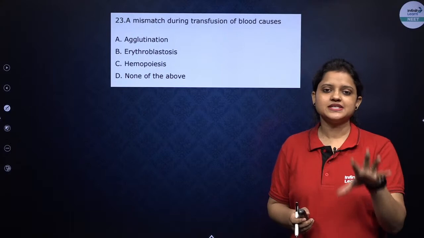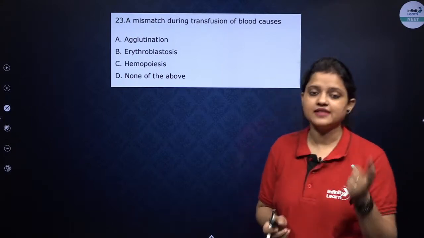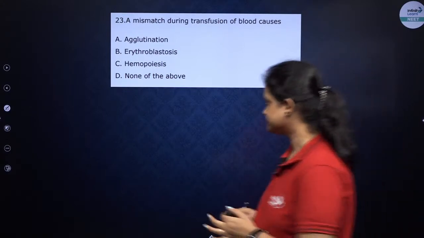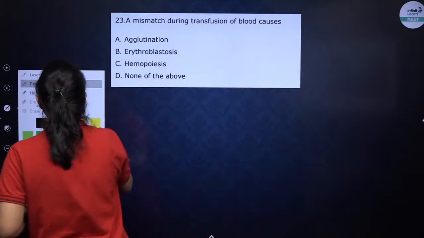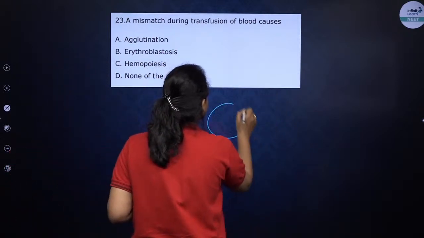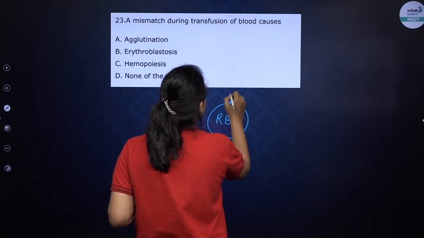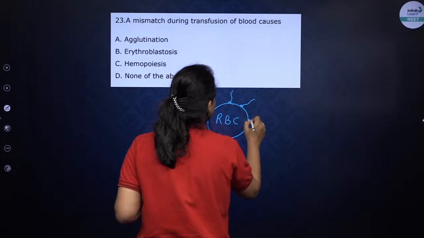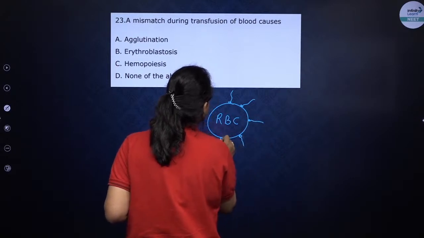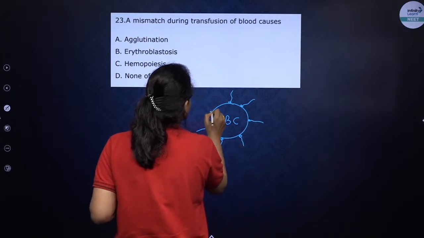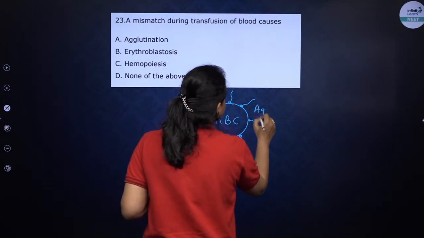We know that RBC surfaces have antigens and there are antibodies in the plasma. We know that on the surface of RBC there are antigens, right? Antigens.